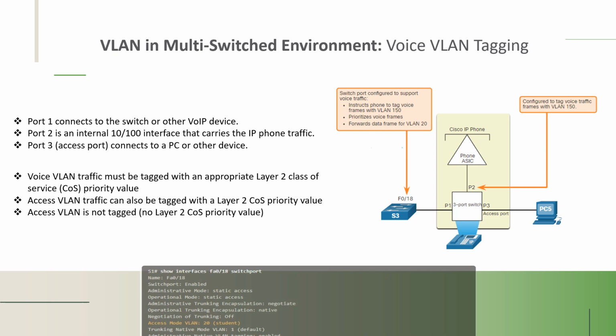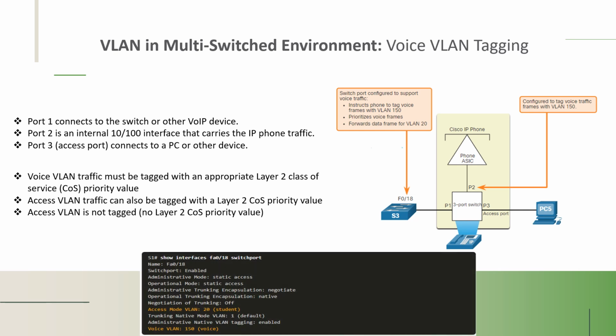And here in this example, there is an output for the show interface FastEthernet 0/18 switchport command. As you can see, there are highlighted areas in the sample that show that the FastEthernet 0/18 interface is configured with a VLAN for data, VLAN 20, and a VLAN configured for voice, which is VLAN 150.